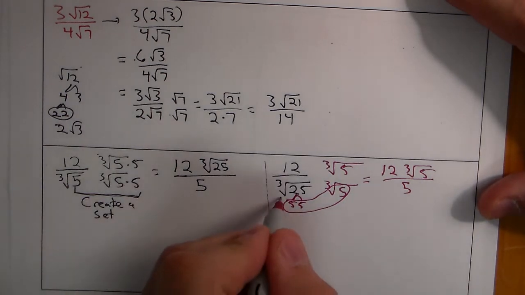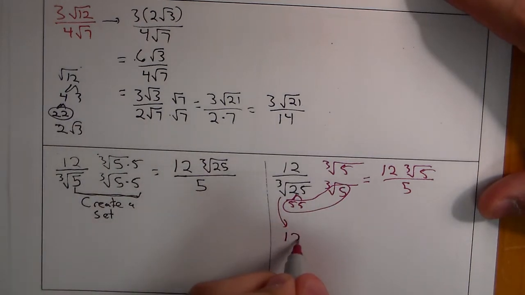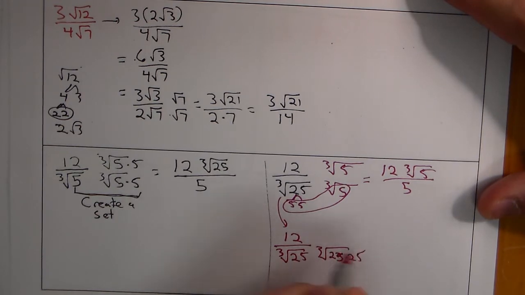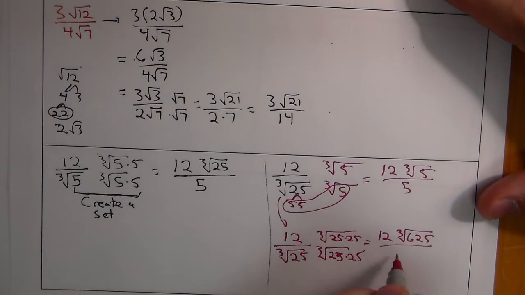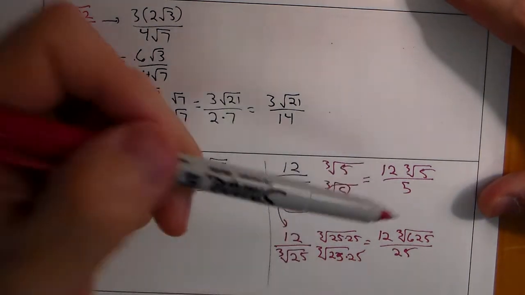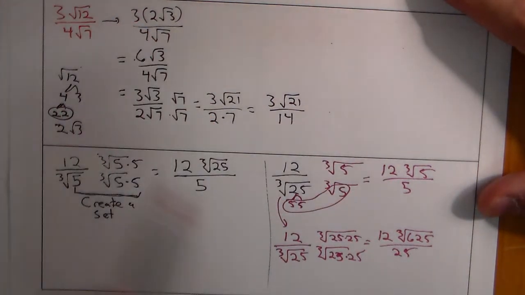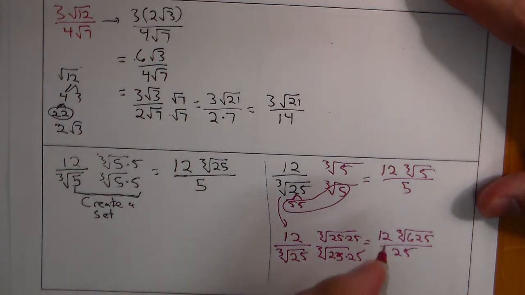So let's say, well, what if you still wanted to keep 25? If you did 25 times 25 to the top and bottom, you now have 12 cube root of 625 over 25, which does look different, but it's actually going to simplify down. 625 is 5 to the 4th.